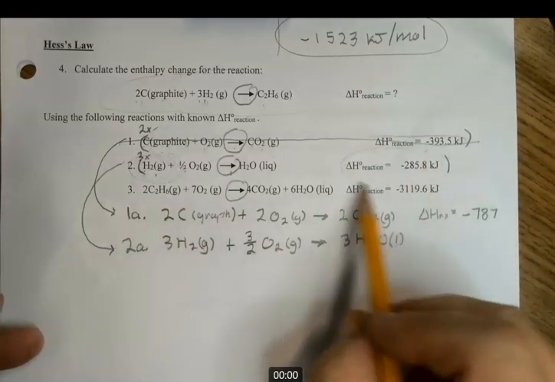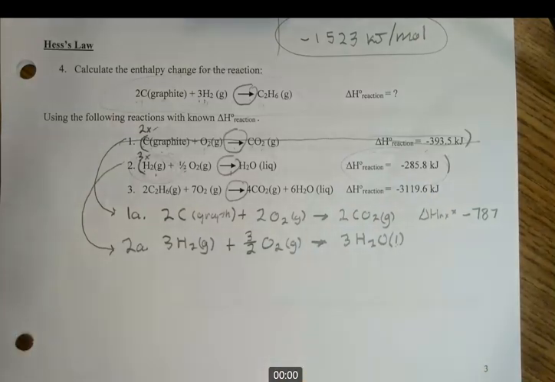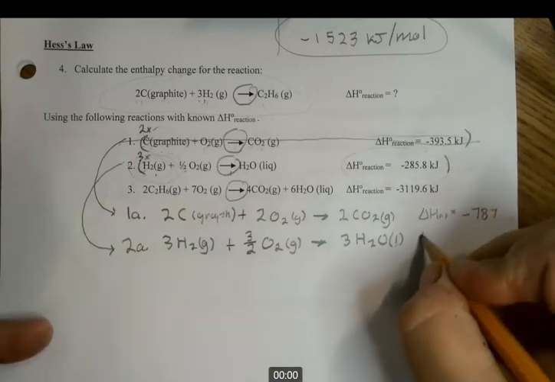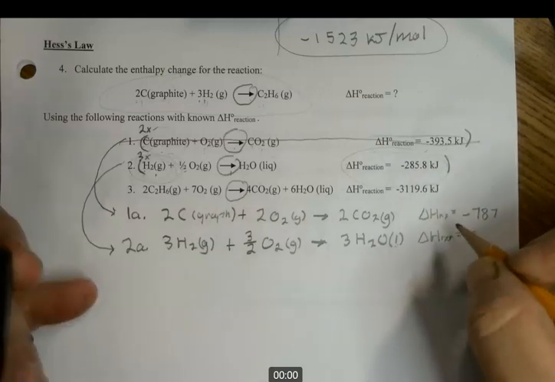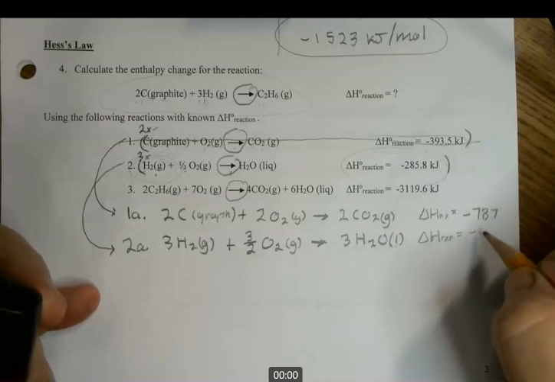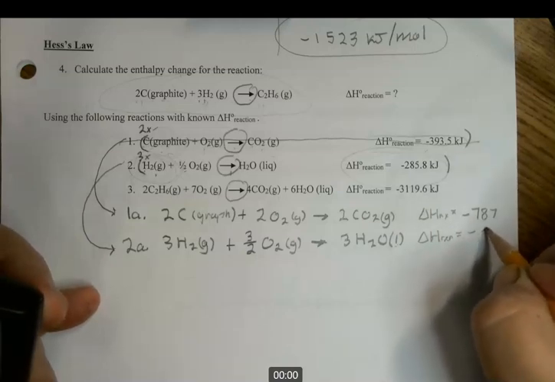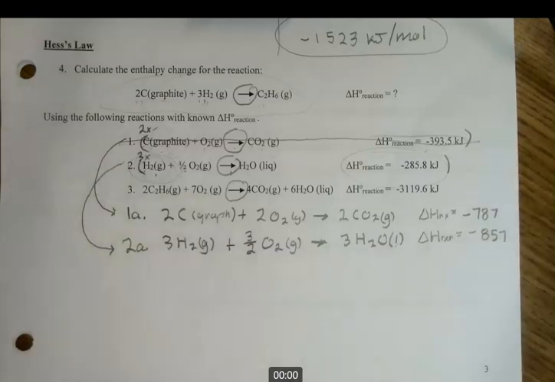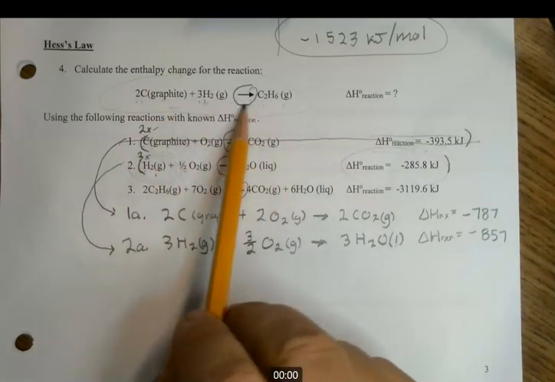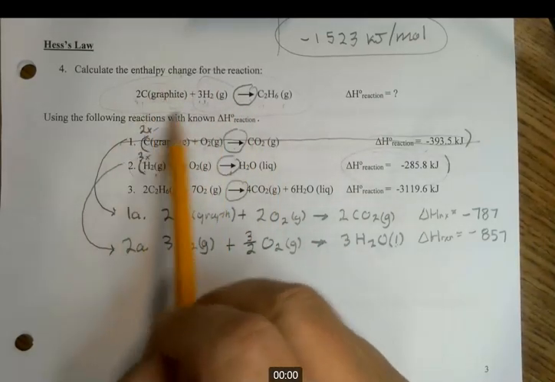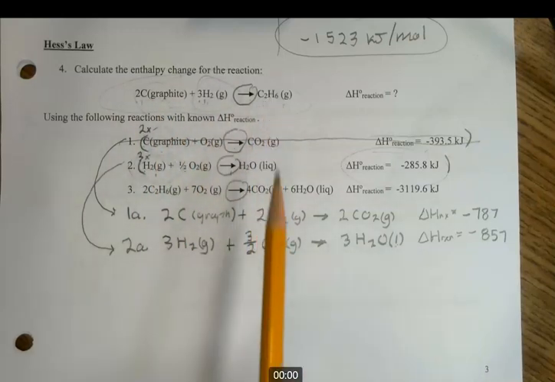So now we have to multiply this by 3 as well. And that gives us negative delta H of reaction for that now becomes negative 857.4. I'm just going to call it 857, okay? All right, so we've taken care of that. So we've taken care of two of the three things that appear in our target. We've taken care of the hydrogen and the graphite. So now we've just got this one.